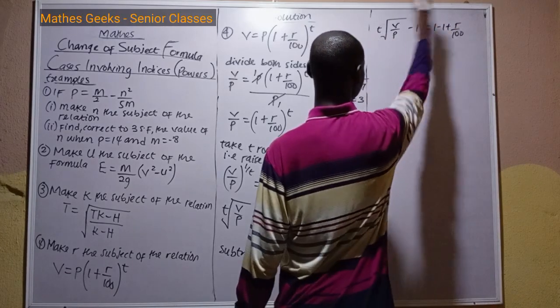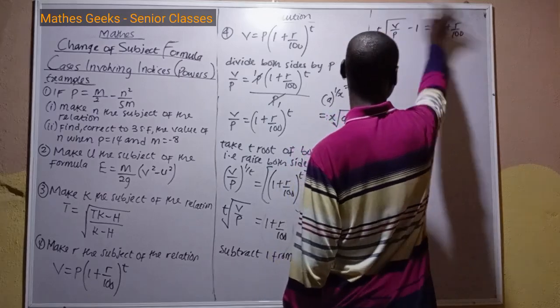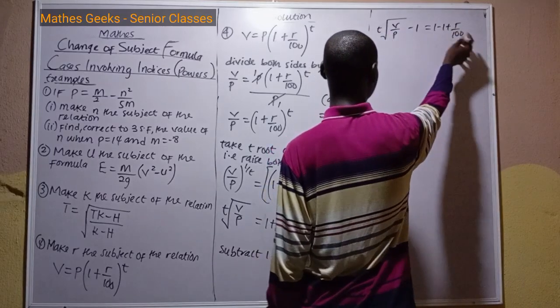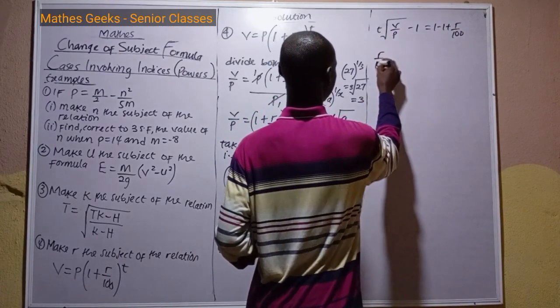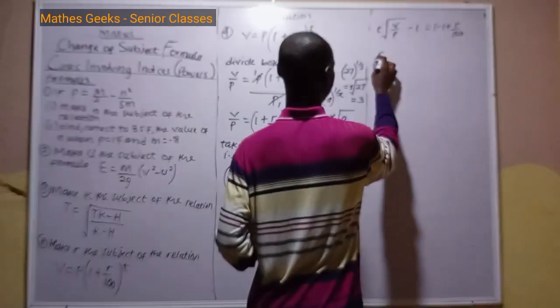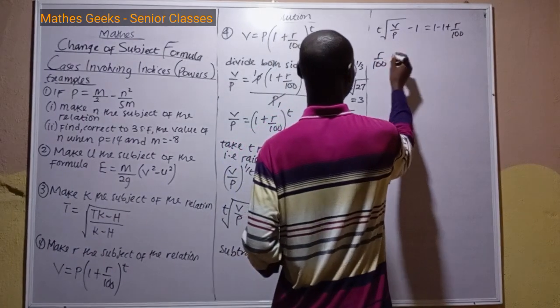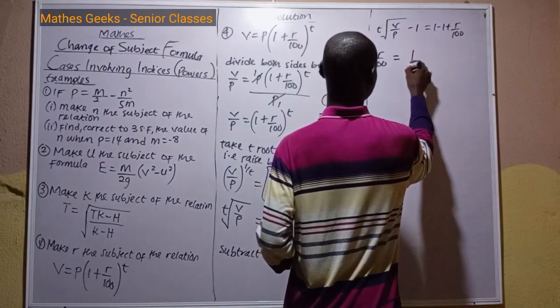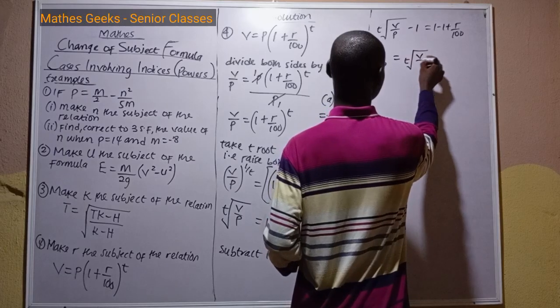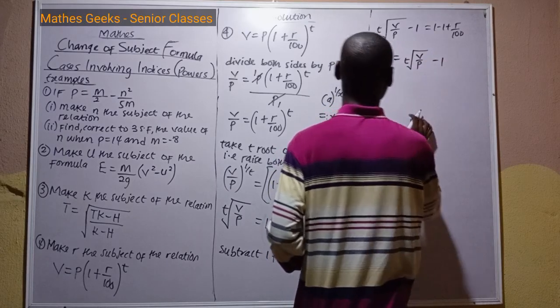So I want to bring this part here and bring this part here. So 1 minus 1 is 0, so R over 100 is equal to the T-th root of V over P minus 1.